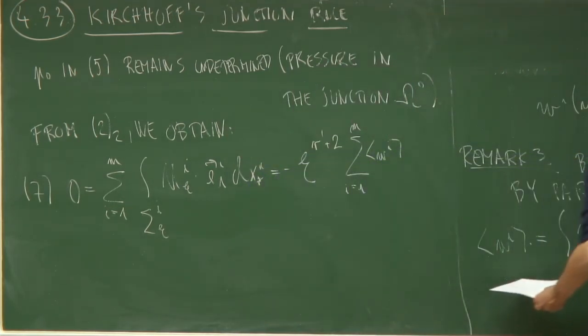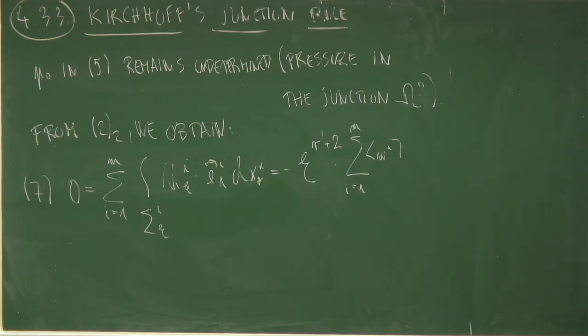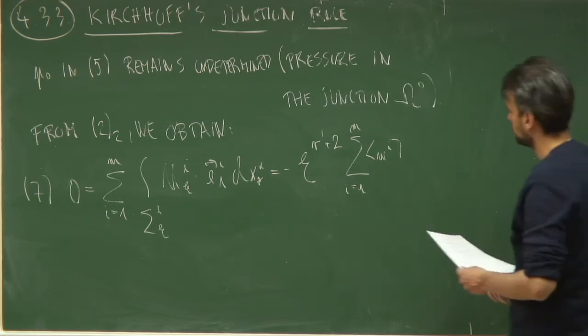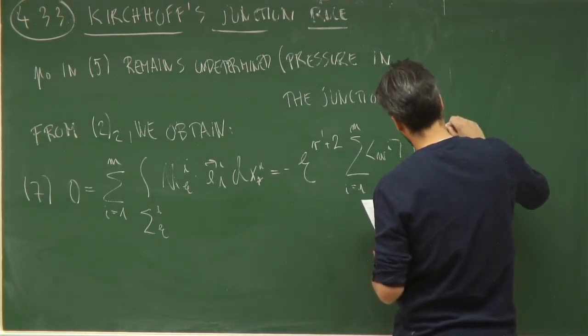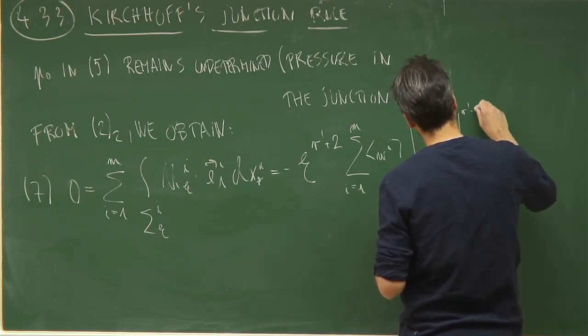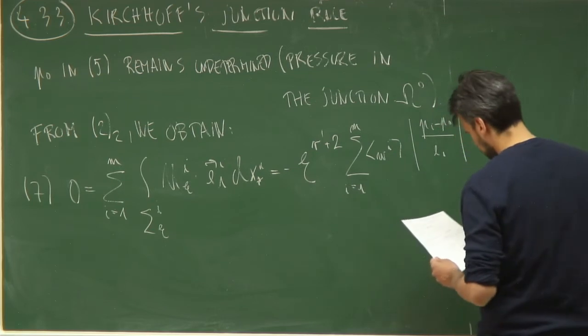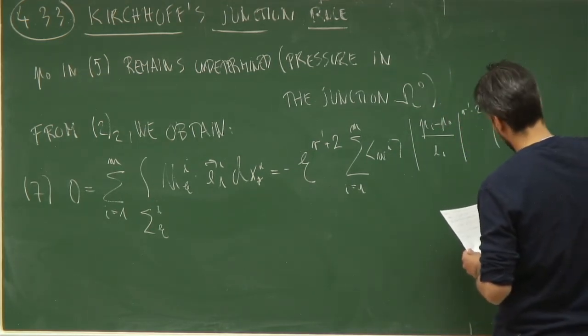So you have Pi minus P0 over Li to the r minus 2, and then Pi minus P0 over Li.